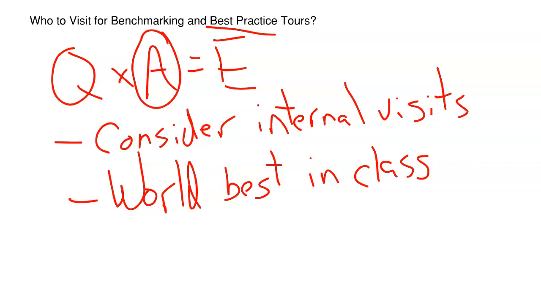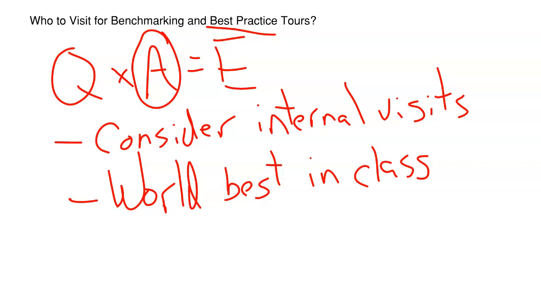We took a look at FedEx, the U.S. Postal Service. For some of our visits, we considered what is Amazon doing? Now, higher ed and Amazon are not the same, but there were a lot of great ideas that we got from taking a look at those world best in class providers.